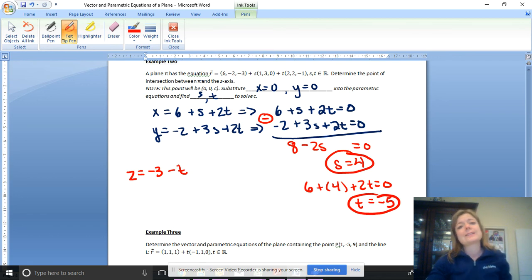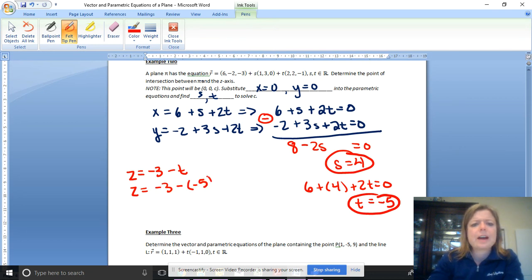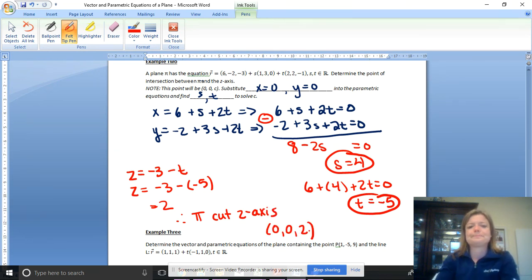So in fact, the s didn't matter here, but we didn't know that. So we'll put in -3 minus -5, which gives us +2. So therefore, pi cuts the z-axis at (0, 0, 2).